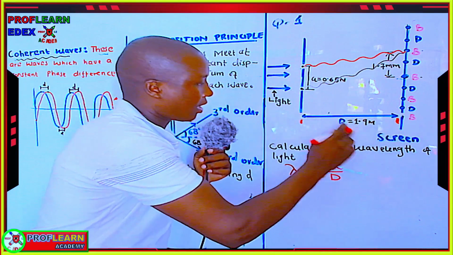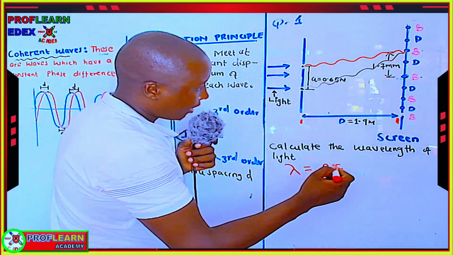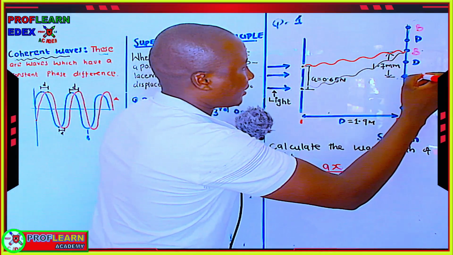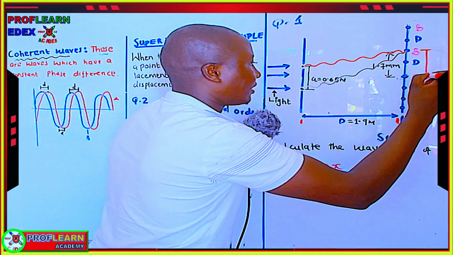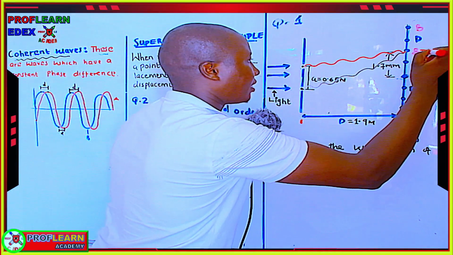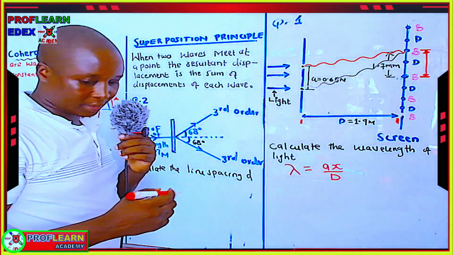And x is the distance between two adjacent bright fringes.